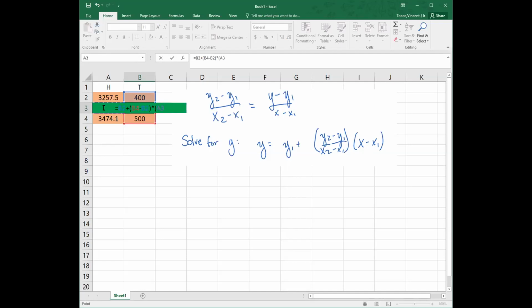So x is A3 minus x1, all divided by the whole interval A4 minus A2. And I'm not copying this formula, so I don't need any dollar signs. And if I click enter, it's going to give me that the temperature is 454 degrees if I round.